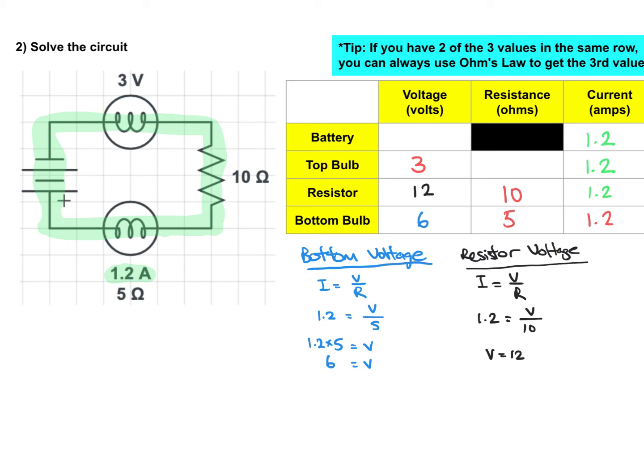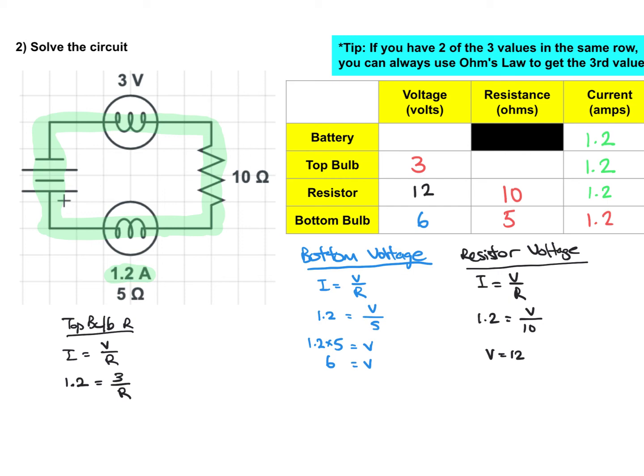I'm going to go for the resistance of the top bulb now. So here's my formula for Ohm's law. And for the top bulb, I know the voltage is 3 volts, and I know the current is 1.2 amps. So this time we have to do things a little differently because my unknown variable is in the denominator.